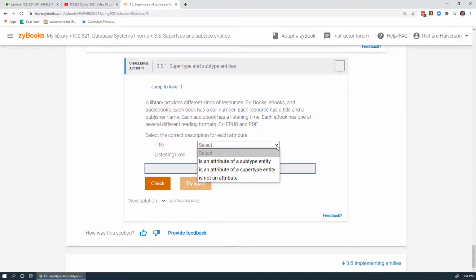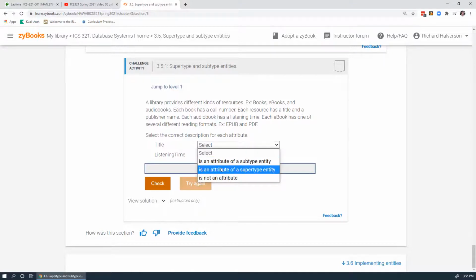Title is an attribute of a subtype entity. Each resource has a title and a publisher name. So this must be the resource. The library provides different kinds of resources. Well, resources would be the supertype. Each resource has a title.